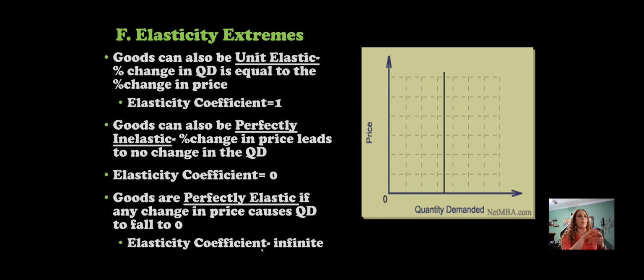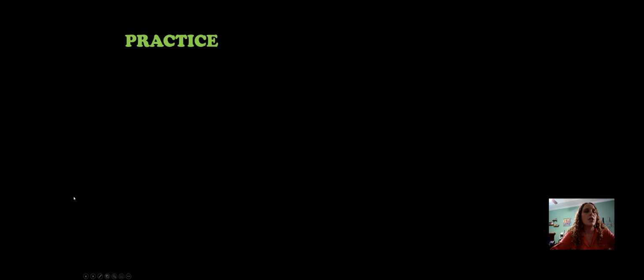Again, not a great practical example. Some of these extreme things are a little bit on the not as realistic side, but there are some examples that might fit into some of those categories. So things can be perfectly inelastic, perfectly elastic, or unit elastic.